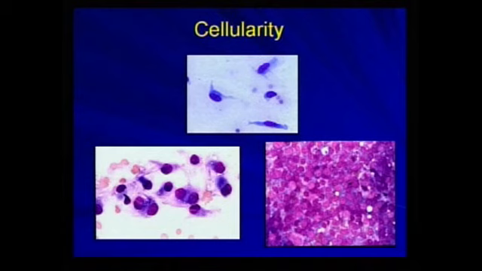Finally, in the bottom right-hand side, we have a hypercellular smear from a lymph node, which can be very difficult to interpret because of the number of cells. They're piled on top of each other. It's a very thick preparation, and it's difficult to get useful information from this type of smear.